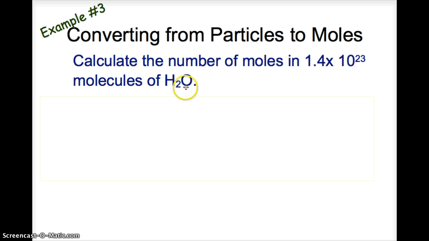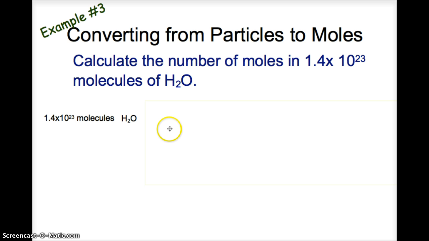It consists of two nonmetals. That means it's covalently bonded, and the fundamental unit for that compound is called a molecule. So I'm going to start with what I've been given in the problem, which is 1.4 times 10 to the 23rd. And that's what I write down.